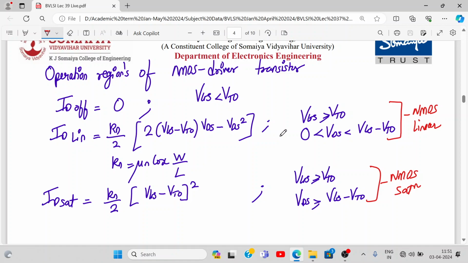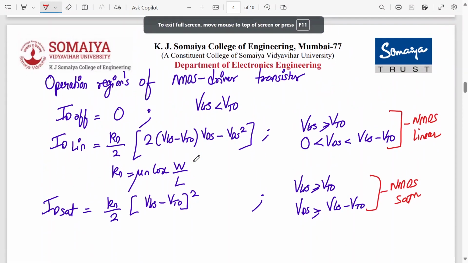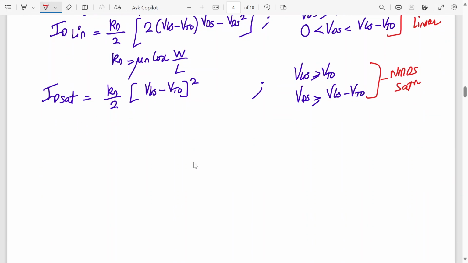Or let me work here only, no problem. I will explain analytically with numbers the working of this NMOS inverter. So let's start working with numbers. No need to write it, just listen.